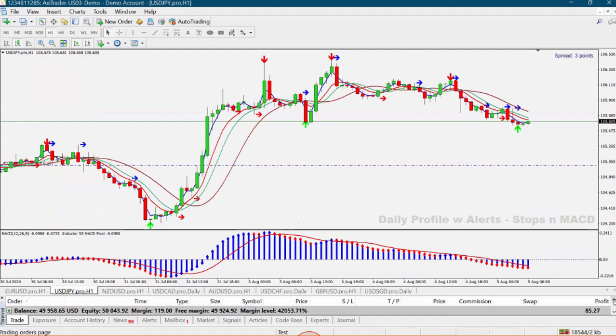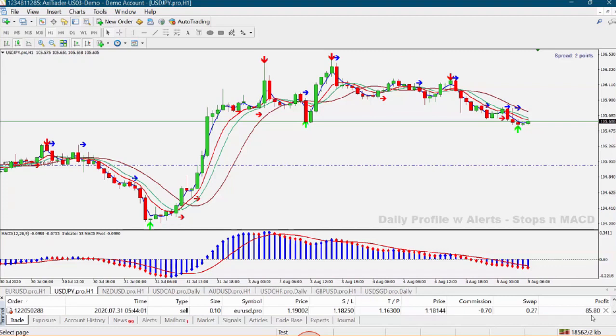And down here again, price seems to be moving in our favor. If I close this trade now, I would lock in 85 pips. So 10 more pips than the stop.